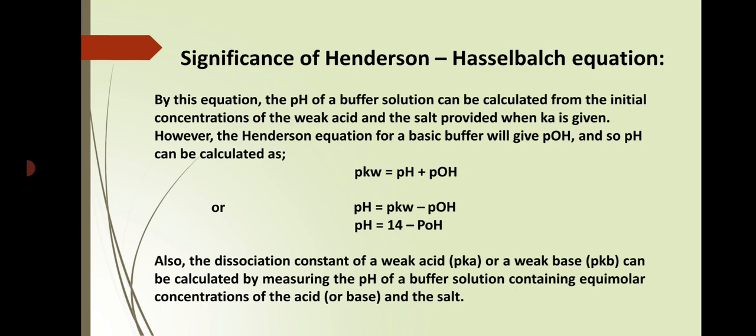Also, the dissociation constant of a weak acid, that is pKa, or a weak base, that is pKb, can be calculated by measuring the pH of a buffer solution containing equimolar concentrations of the acid or the base and the salt.